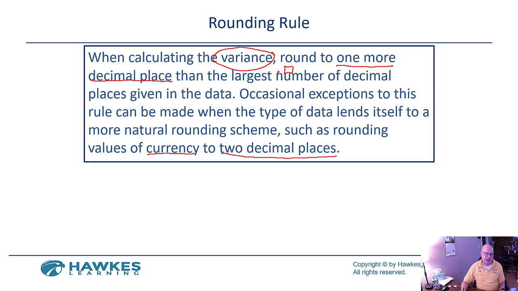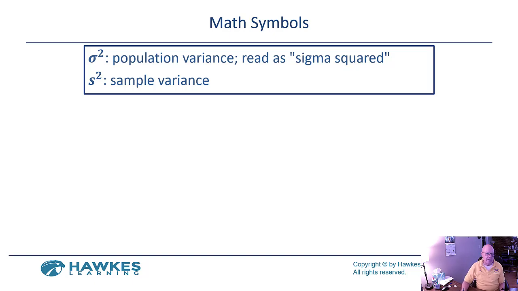That's a special case. Next, as is usually the case, if you're working with a population, you're also noting that with a Greek letter. If you're using a sample, you're using one of our standard letters, like S.